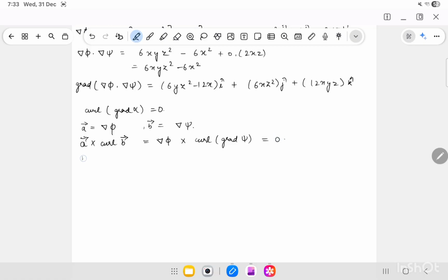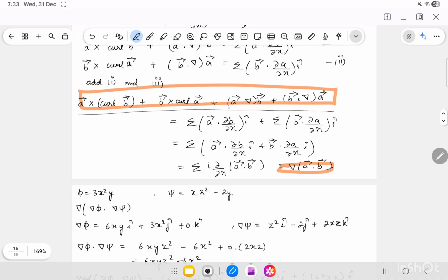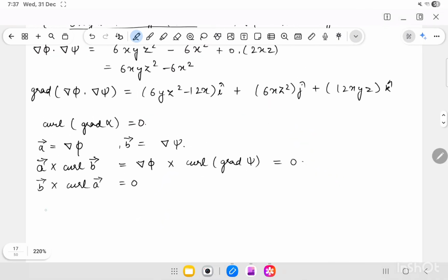Likewise, b vector cross product curl a vector will again be equal to 0. So these two terms reduce to 0.